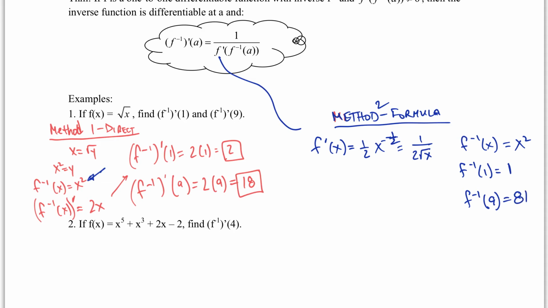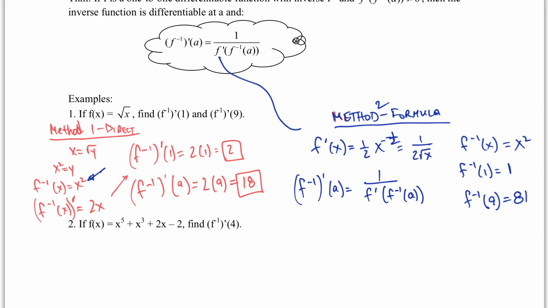So now the formula says the derivative of the inverse at a is going to be 1 over f prime of the inverse of a. We'll write it in, and then I'll tell you what I found. I found my f inverse of 1 right here. So let's do this first part. I'm going to change the color again on you.